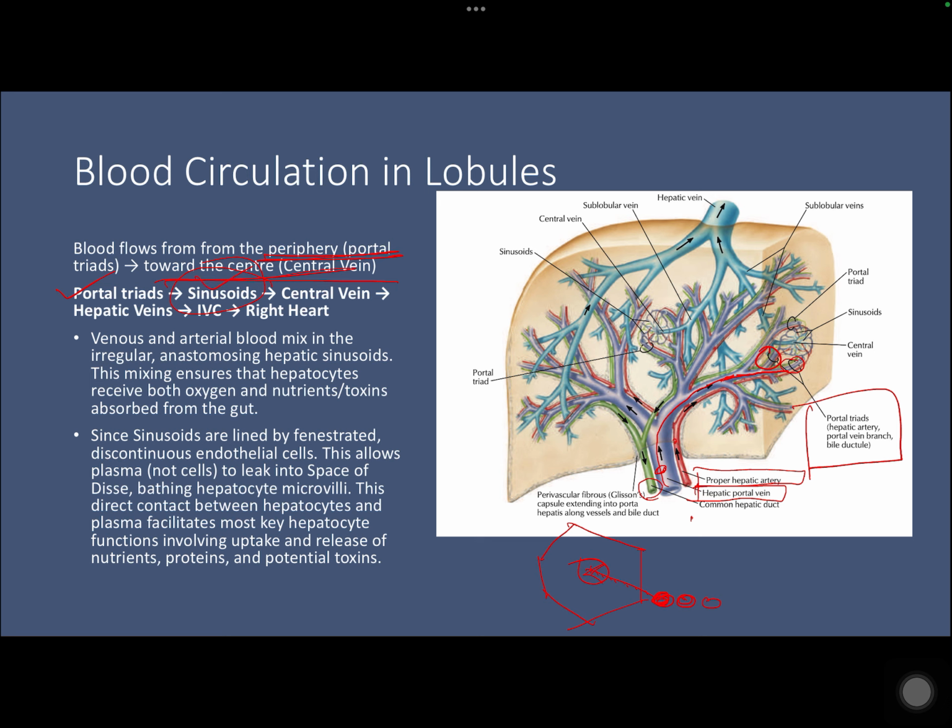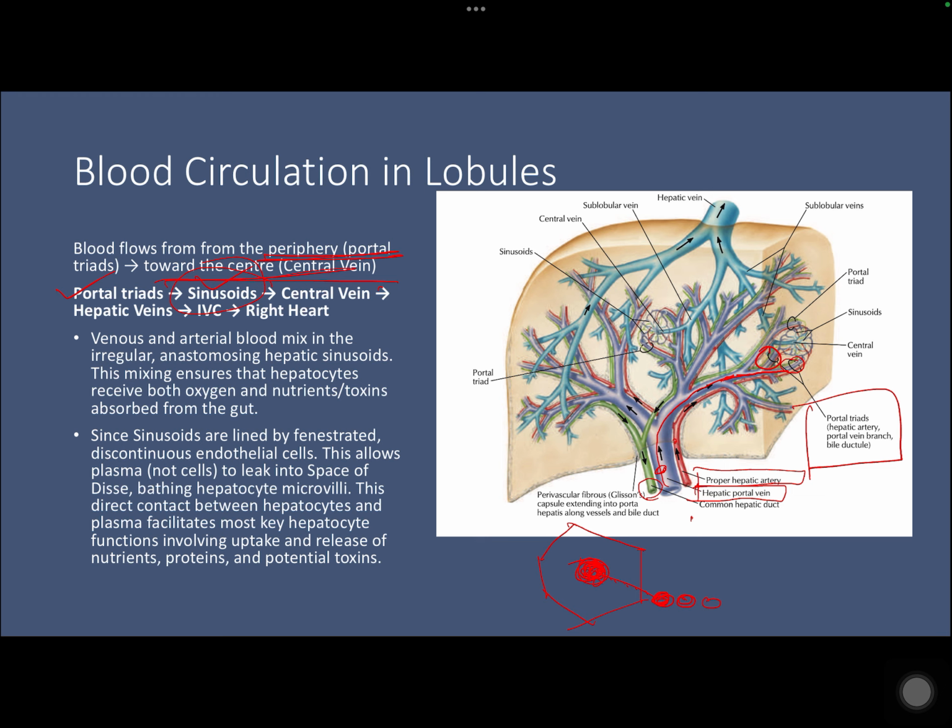A sinusoid is a blood vessel present between two plates of hepatocytes. From the sinusoids, blood goes into the central vein, then into the hepatic vein and then into the inferior vena cava, then to the right side of the heart, the right atrium and the right ventricle.